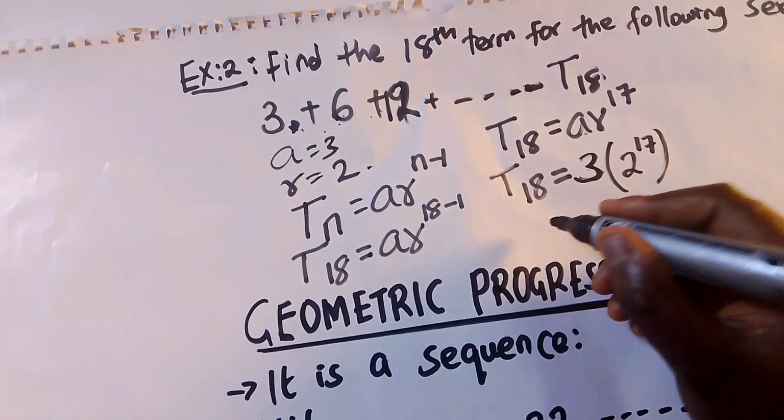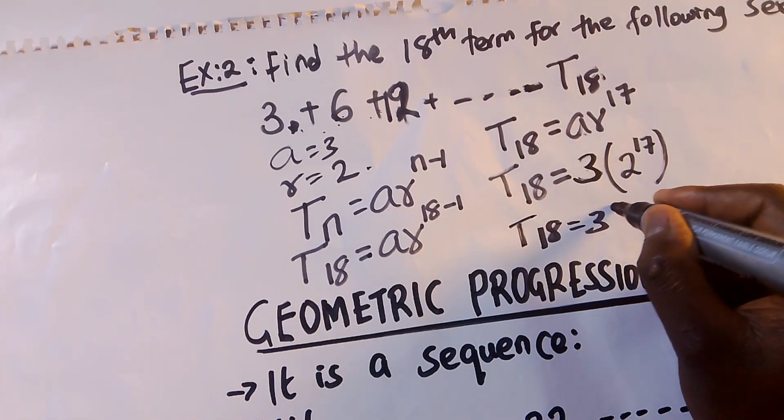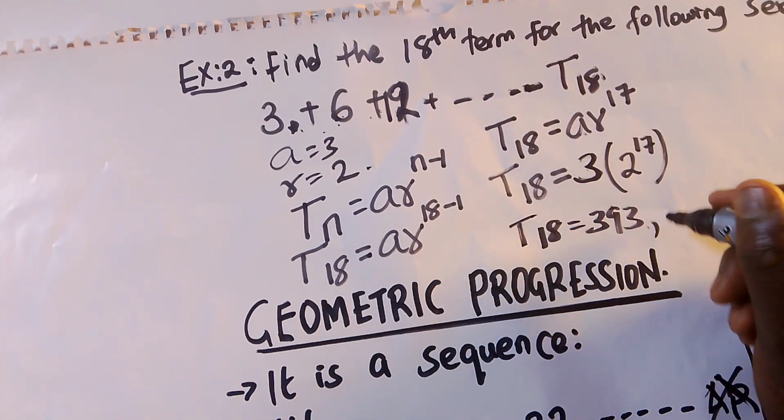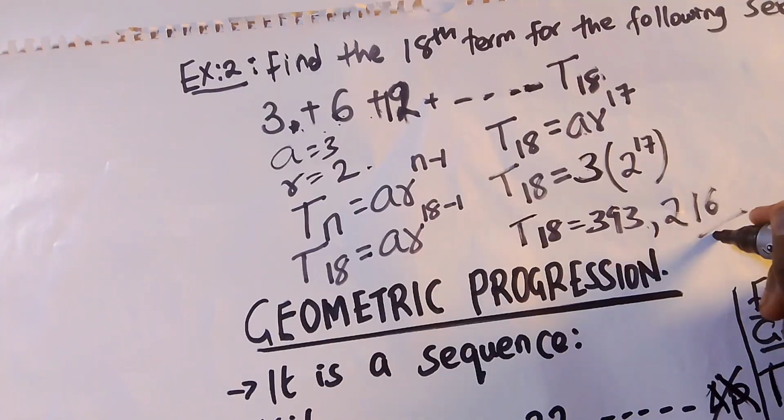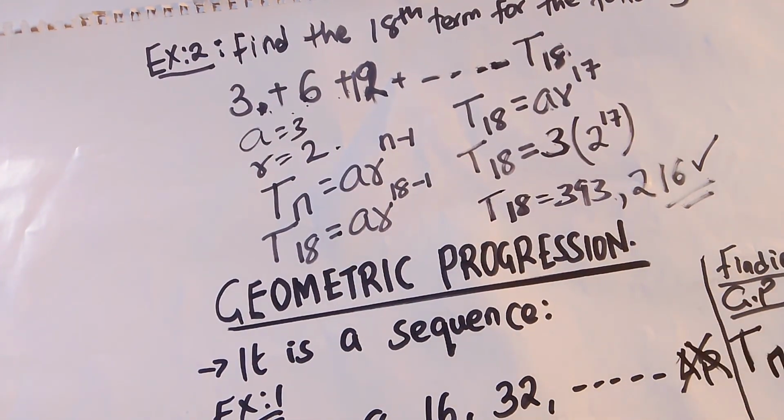It will be equal to 393,216. That is going to be our answer. So let us now proceed to do some examples from the KCSE examination.